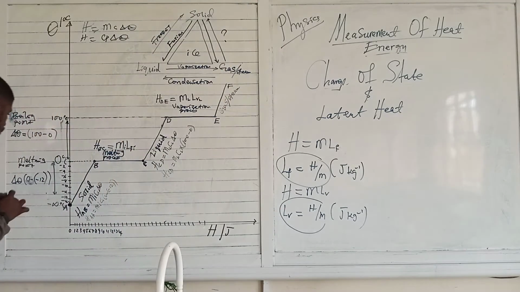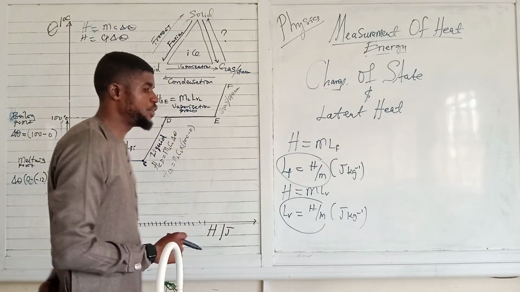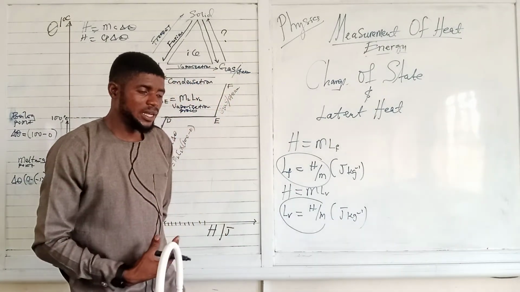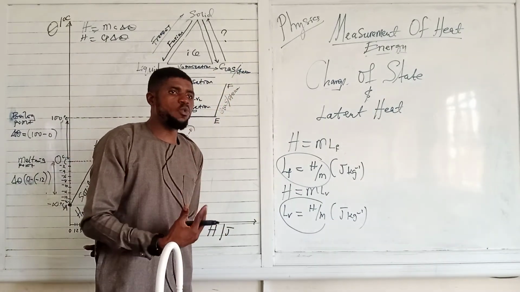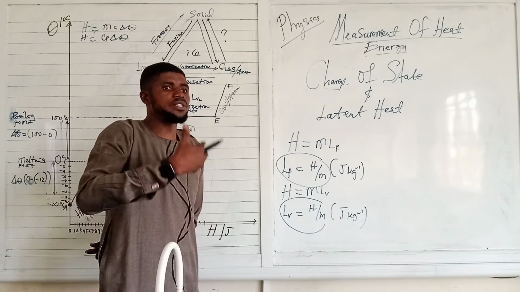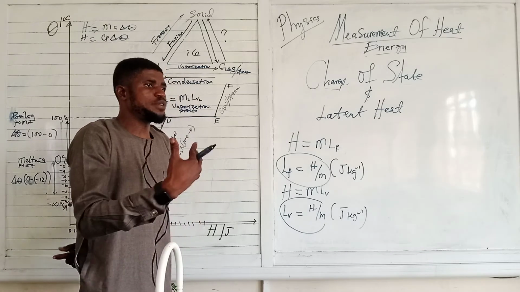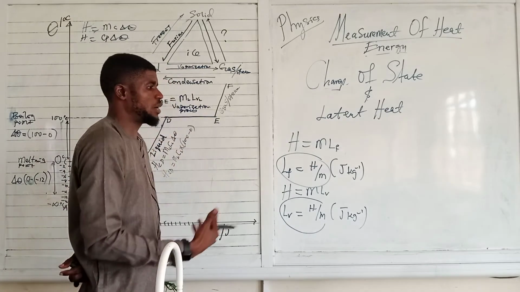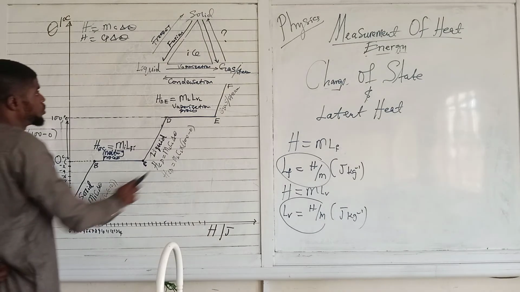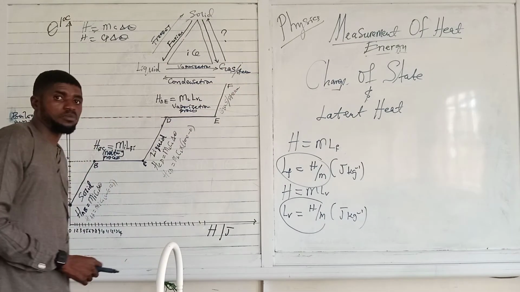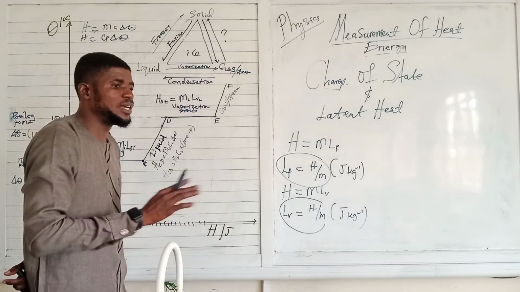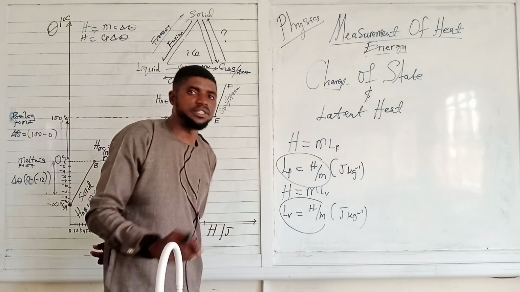That's it. So now, before I conclude this video, there are some questions that are asked this way. Calculate the total quantity of heat energy that is required to raise the temperature of so and so kilogram of mass from minus 14 degrees to steam. That is, we evaporate it completely and leave the container empty.